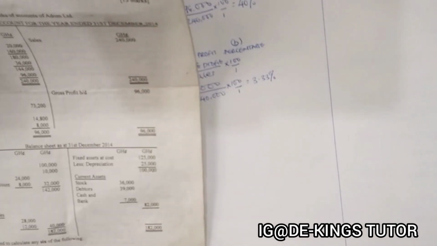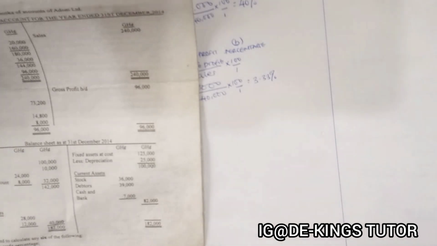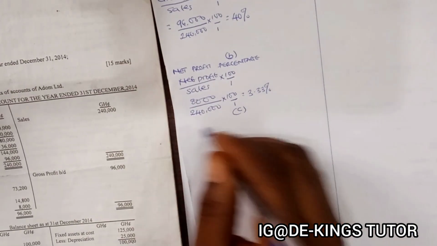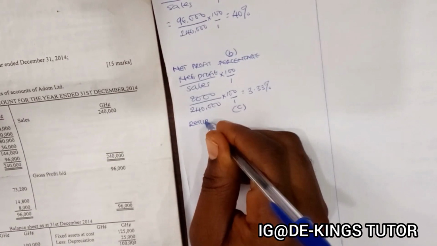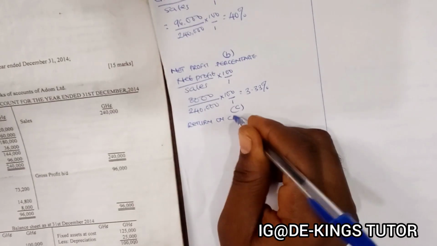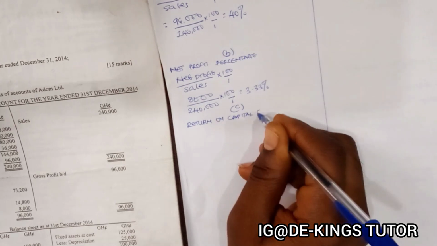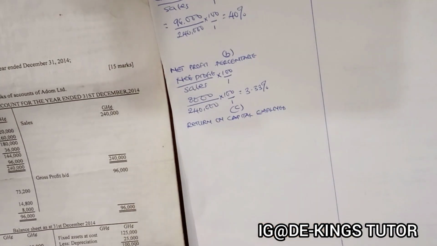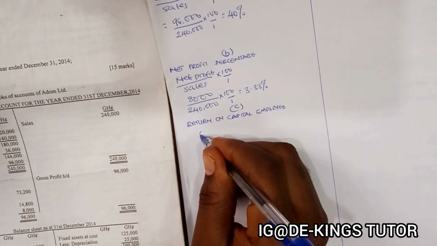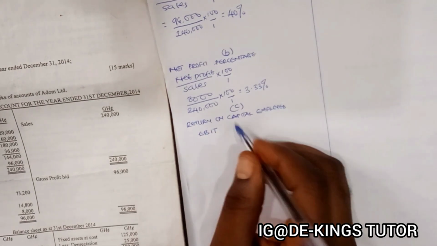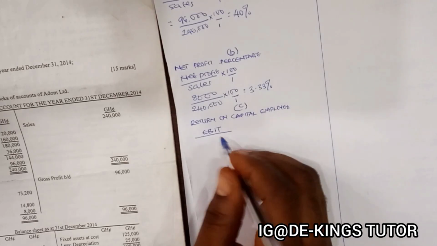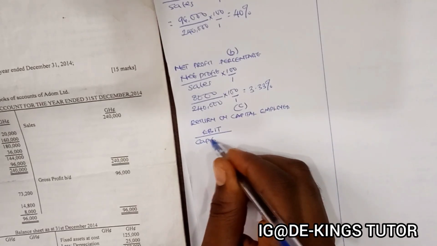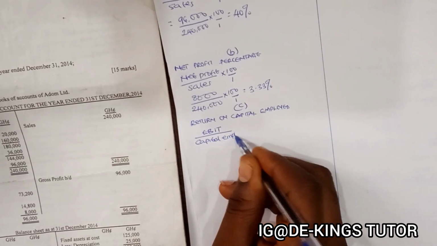The third one is return on capital employed. That is our C. Return on capital employed has a formula of earnings before interest and taxes over the capital employed.